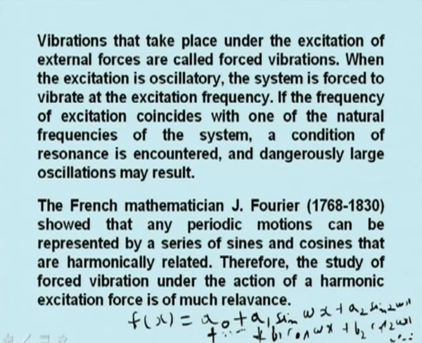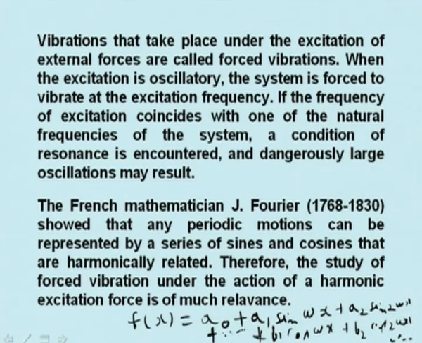Therefore, the study of forced vibration under the action of a harmonic excitation force is very important, because if we can find the expressions for a force F equal to a1 sine omega t, then we can take another force F equal to a2 sine 2 omega t, and under the action of combined terms, the response will also be combined.